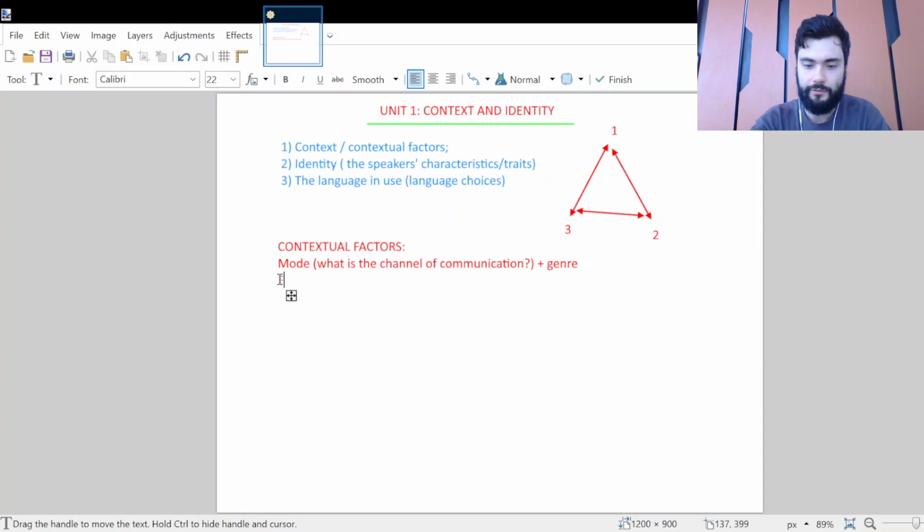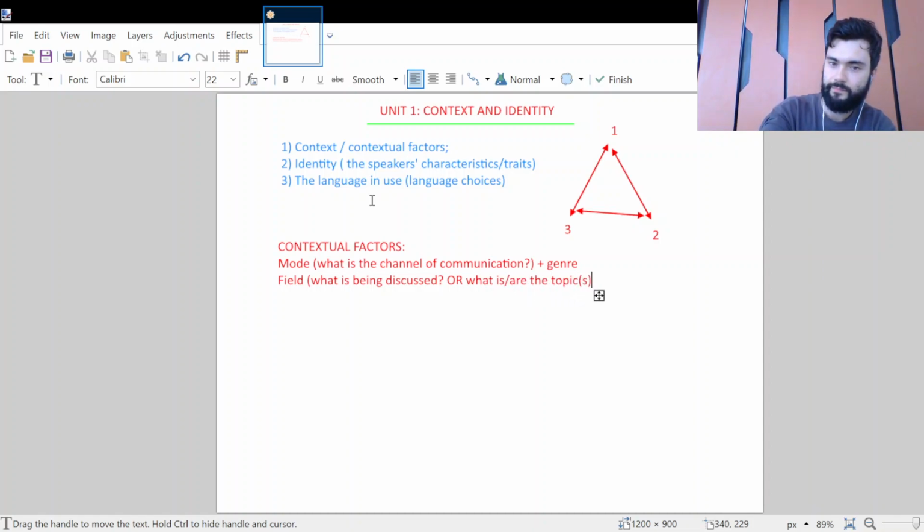So, field is another contextual factor. It is what is being discussed, or what are the topics. This is the field.